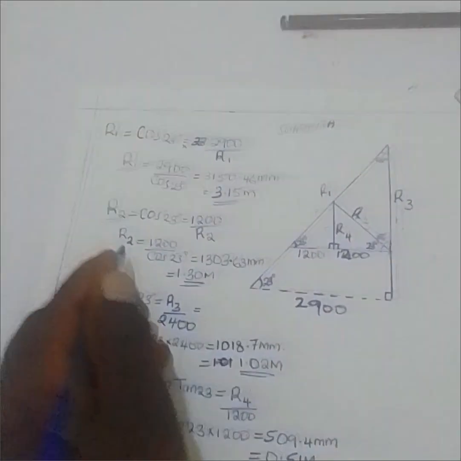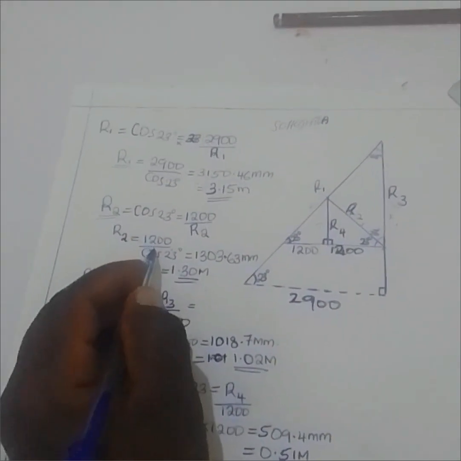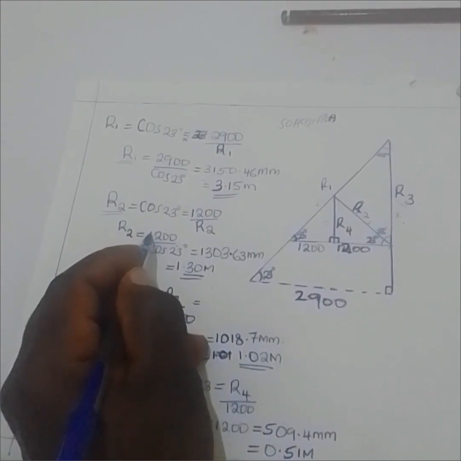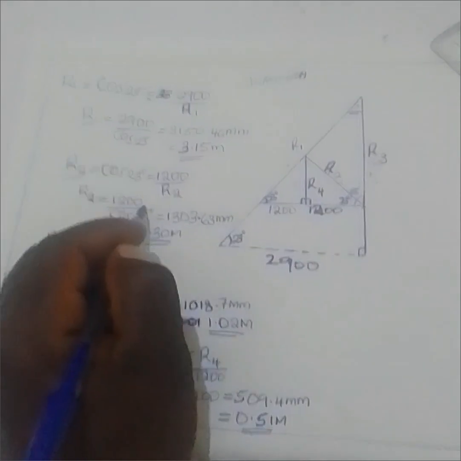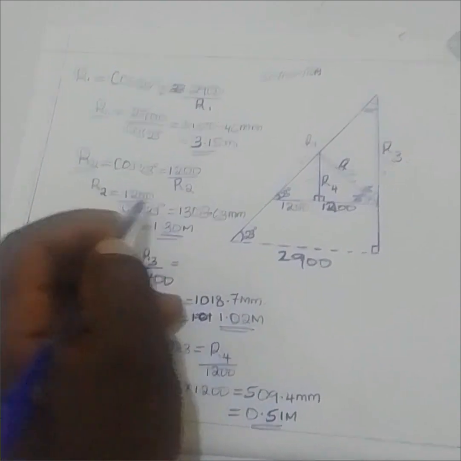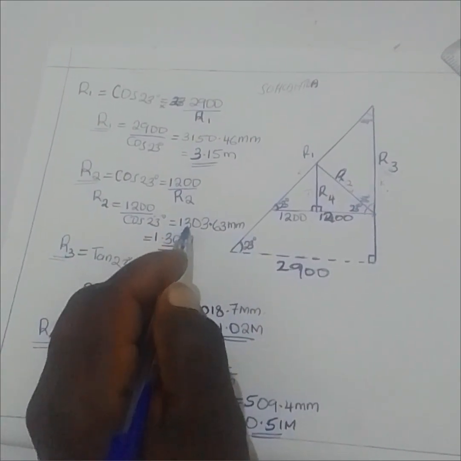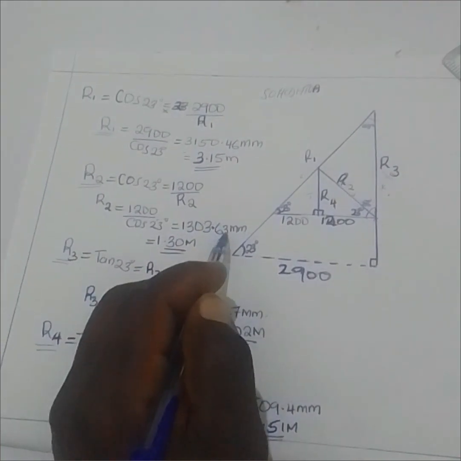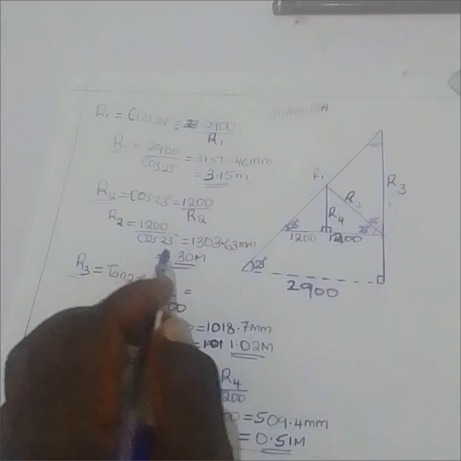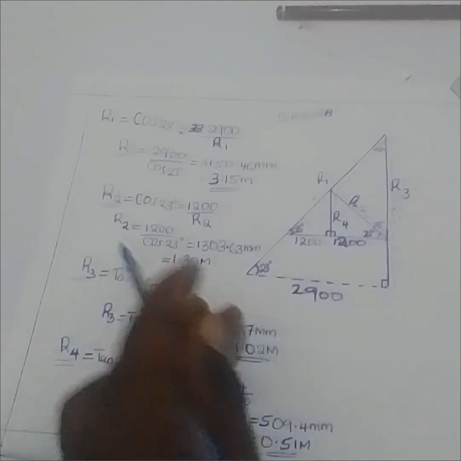If we cross multiply, R2 is equal to 1200 all over cos 23, which gives 1303.63 millimeters. If we convert to meters, it will be 1.30 meters.